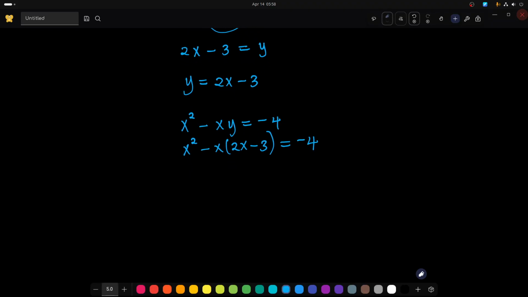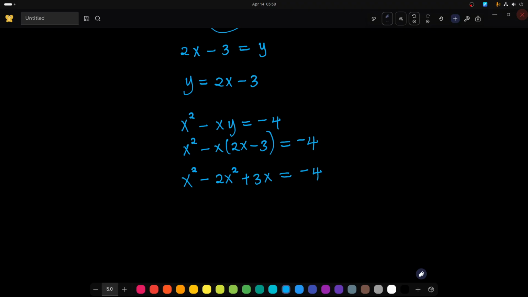So let's expand this. This becomes x squared minus x times 2x, that is 2x squared, and negative x times negative 3 is going to give you plus 3x, equal to negative 4.